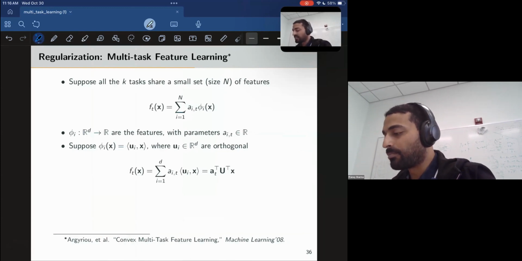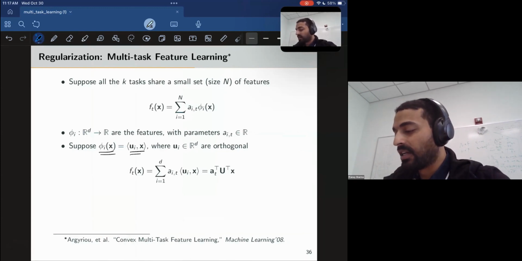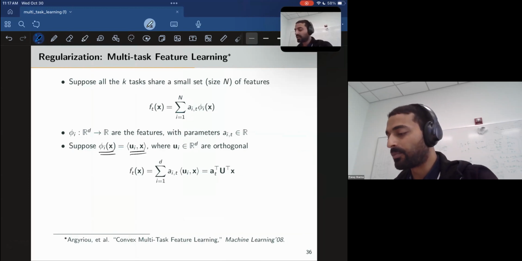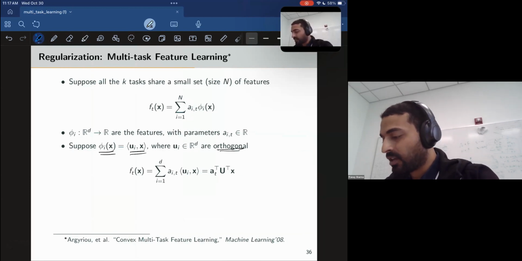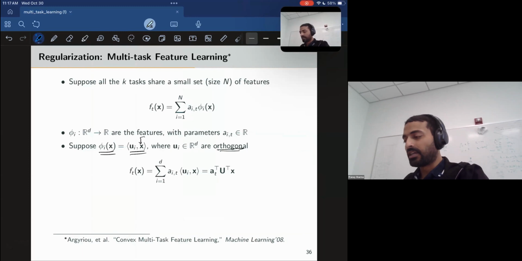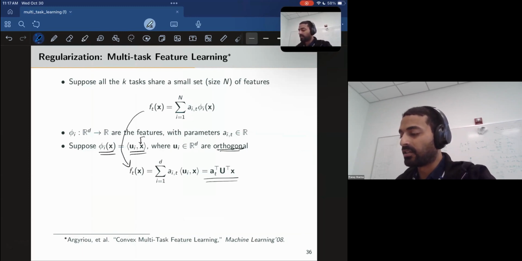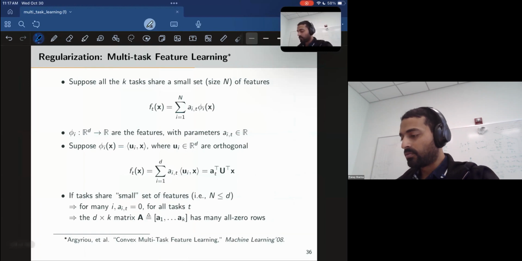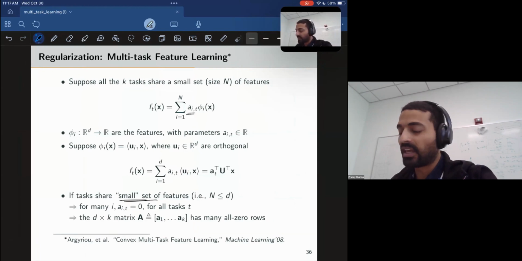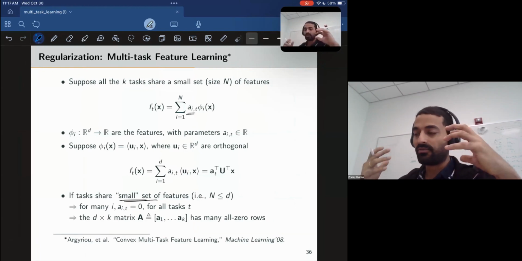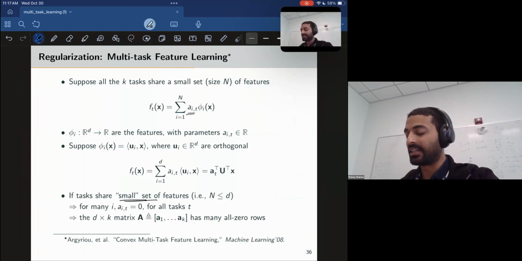Let's consider the simplest case where these features are linear functions. You just take an inner product of some vector with the input x, and this expression can be precisely written in this form. Here, U is going to be an orthogonal matrix. Because all the tasks share a small set of features, look at these entries A_it, which denote how much weight different features get.